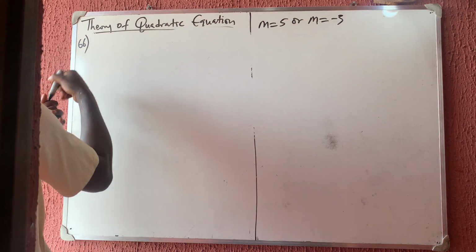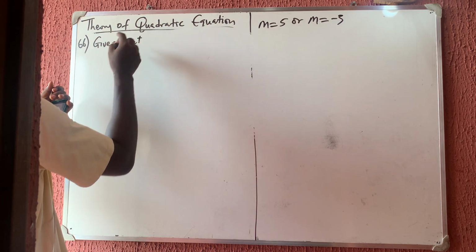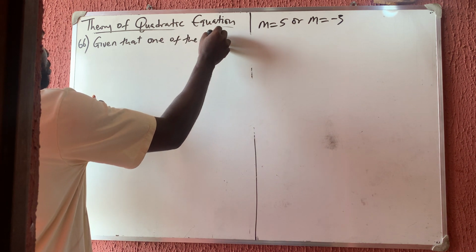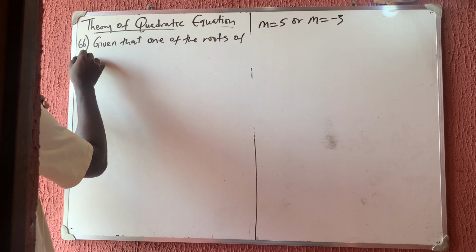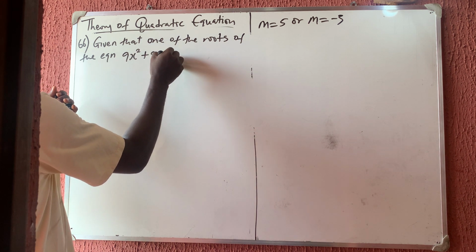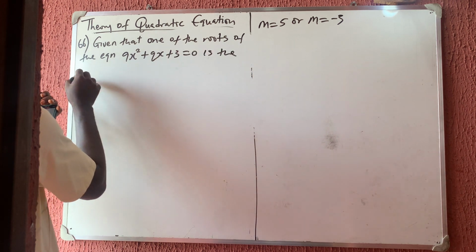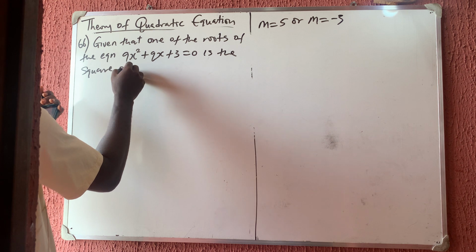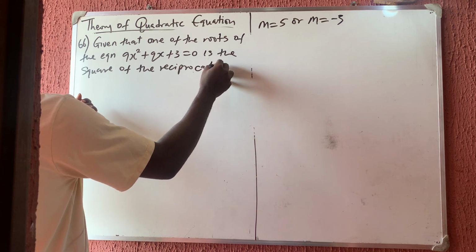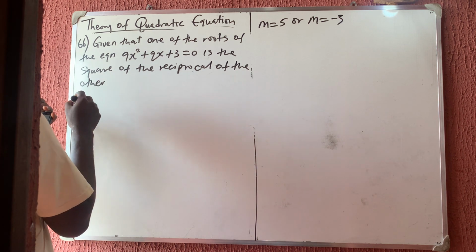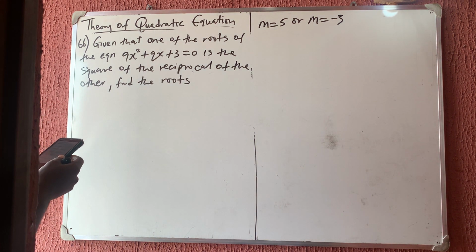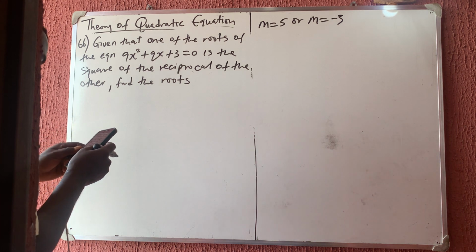Question number 66 said, given that one of the roots of the equation 9x² + qx + 3 = 0 is the square of the reciprocal of the other, find the roots. We have to find the roots.